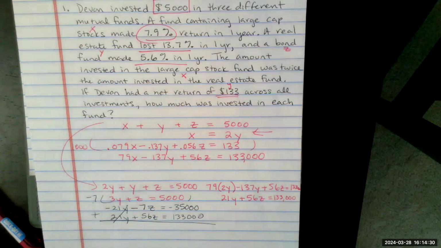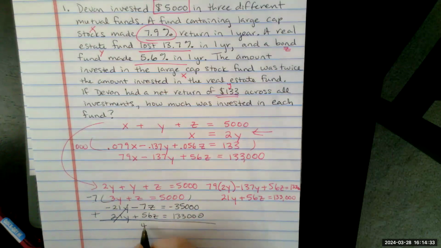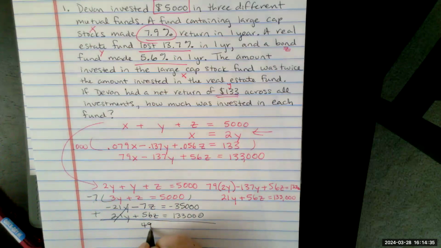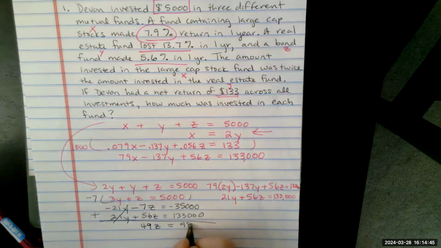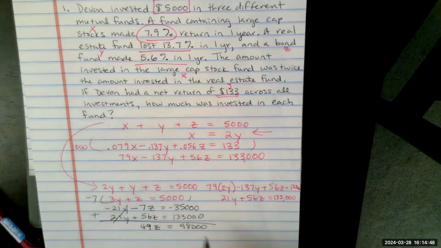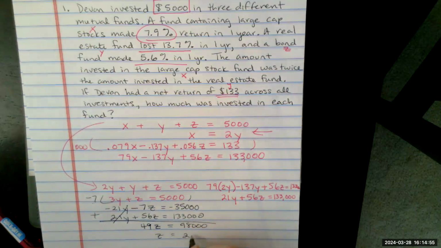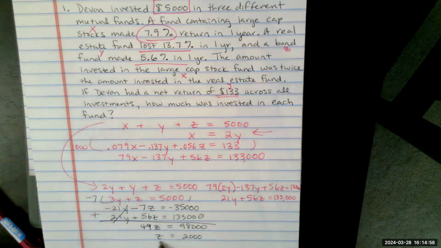So the y's are going to go, and I will have 49z equaling 98,000. Divide by 49, and I get 2,000. So that would mean I put $2,000 in that fund, Z, which is the bond fund.